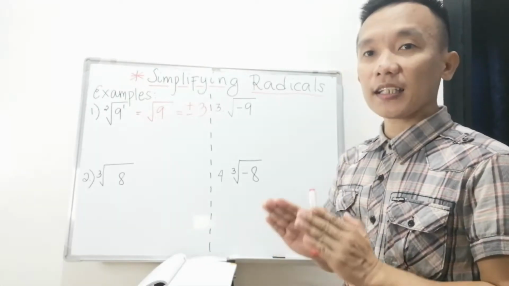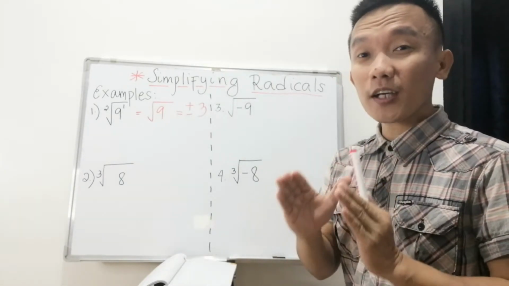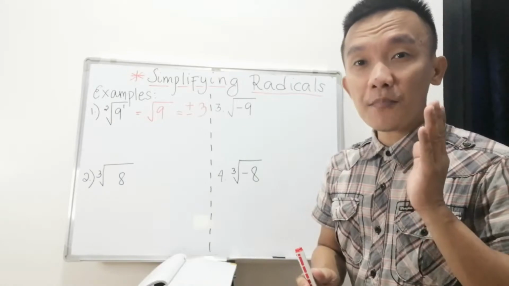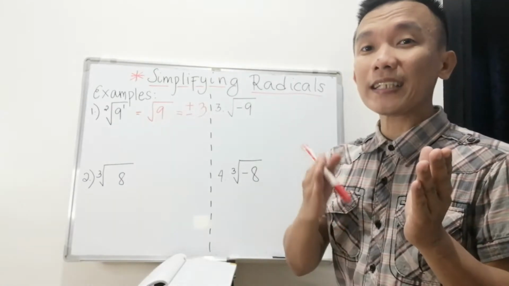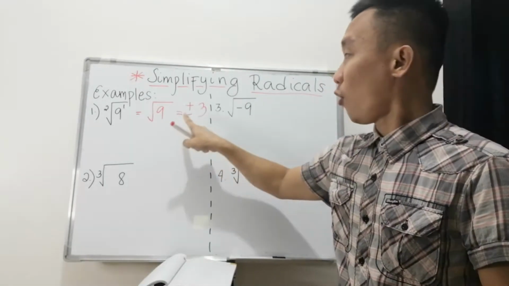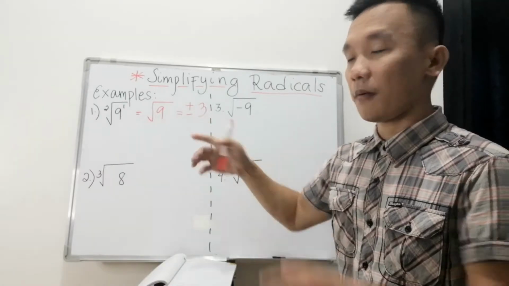Now, why is it that it is a positive and a negative 3? If you can remember, a perfect square is a number when you multiply it to itself, the result is our radicand. So, that's why the answer is a positive and a negative 3.